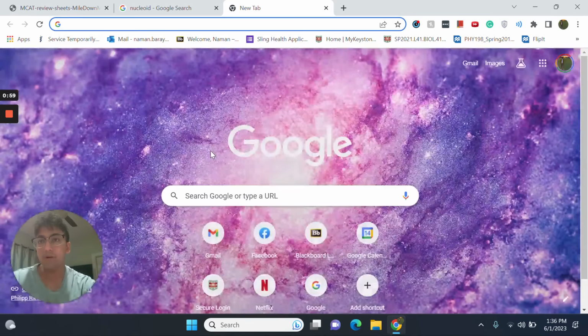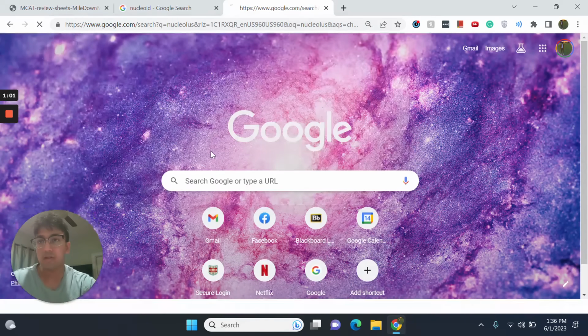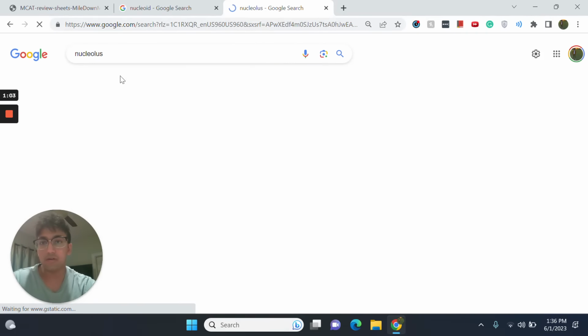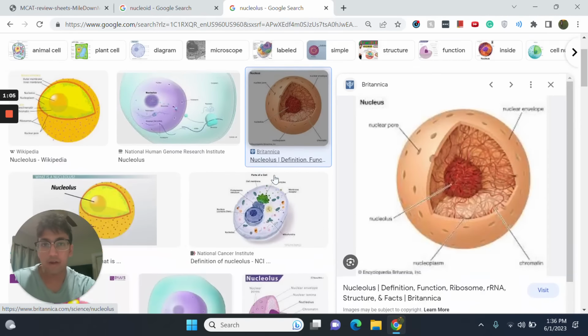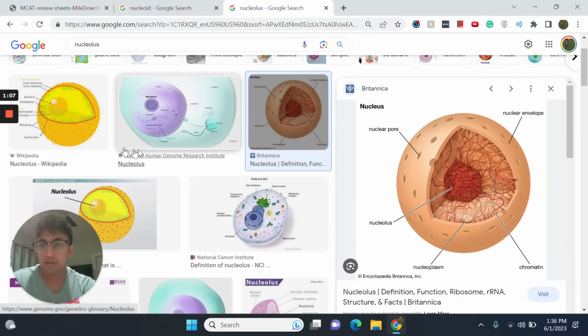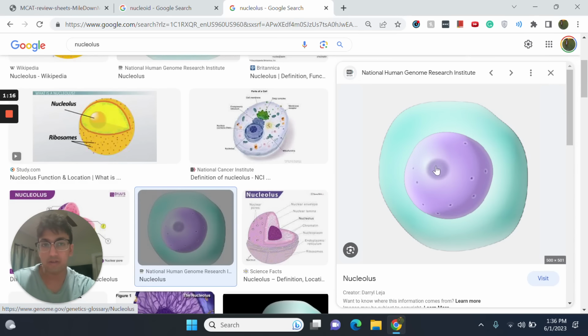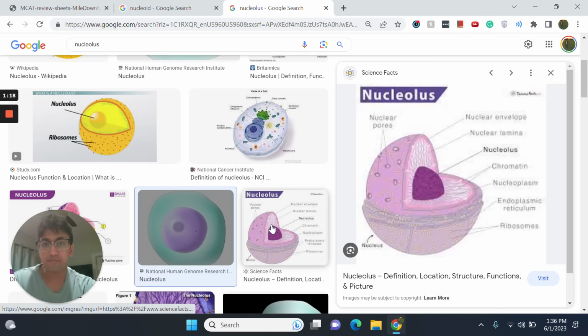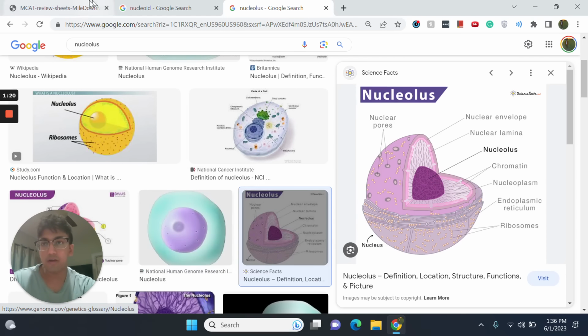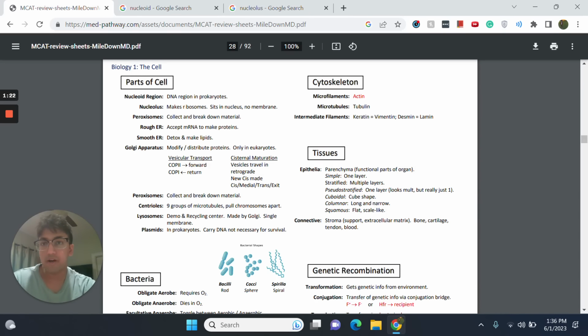So this is the nucleus, and within it is the nucleolus, which is this really dense material within the nucleus. It's important to remember that they make ribosomes.